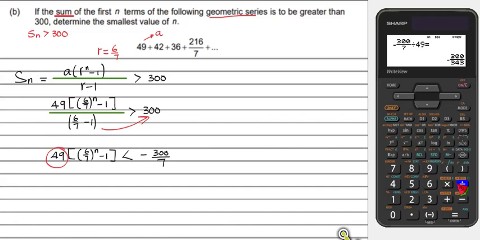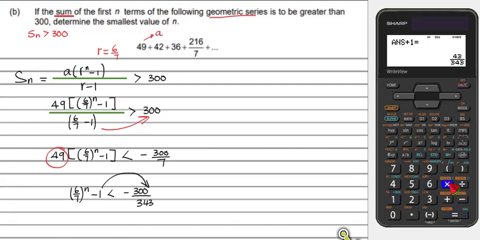So now I'm left with 6 over 7 to the power of n minus 1 is less than negative 300 over 343. Now I must add 1 to that one there. So it's going to be positive this time, because I'm just going to say plus the 1.